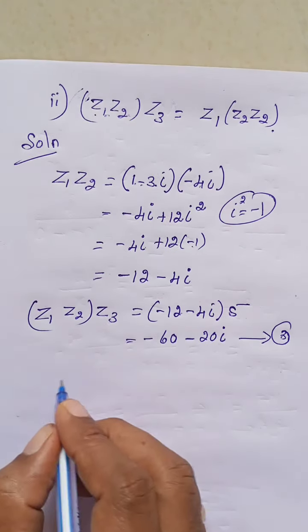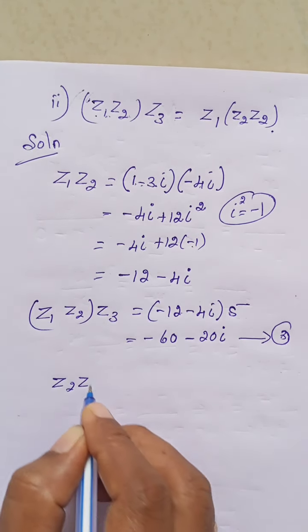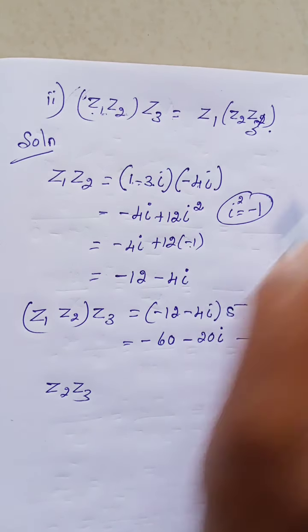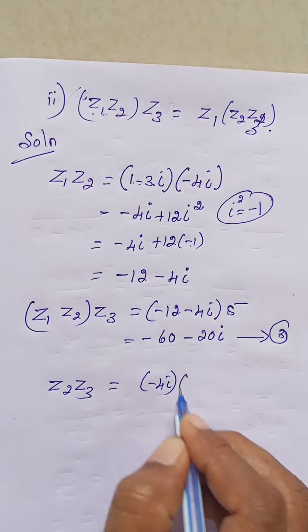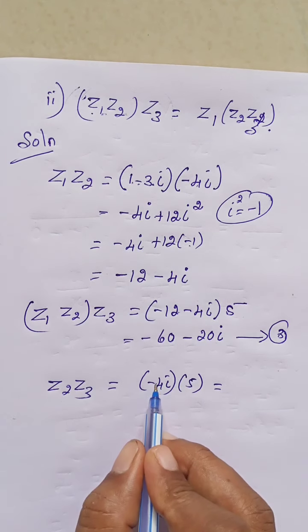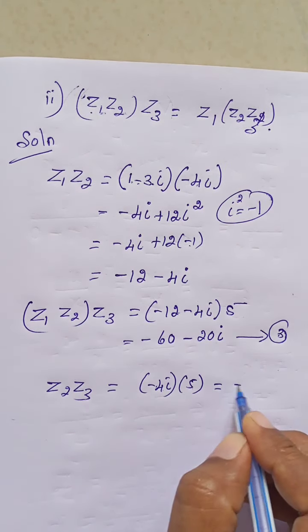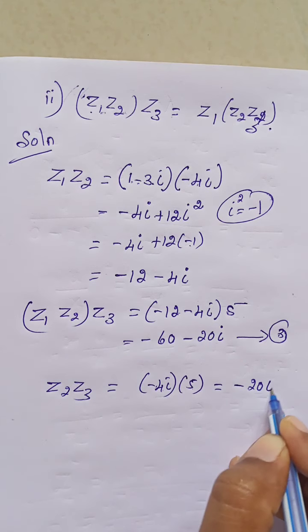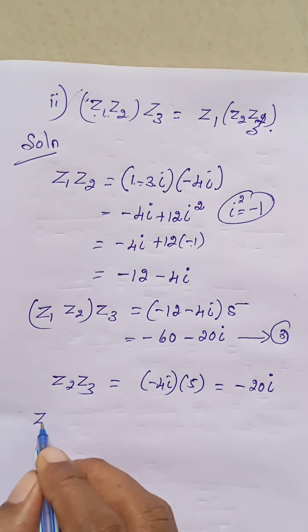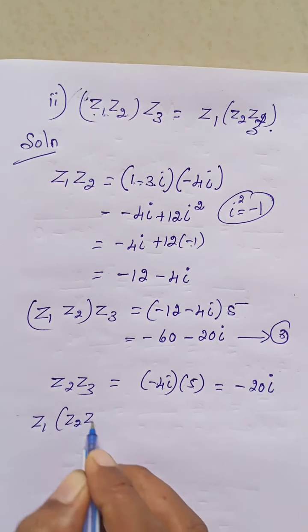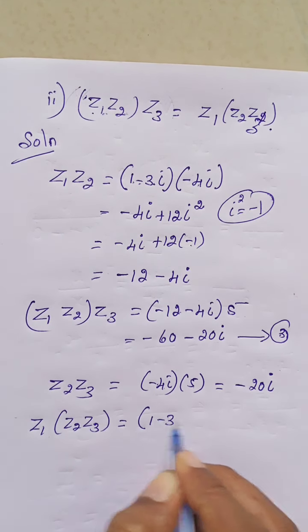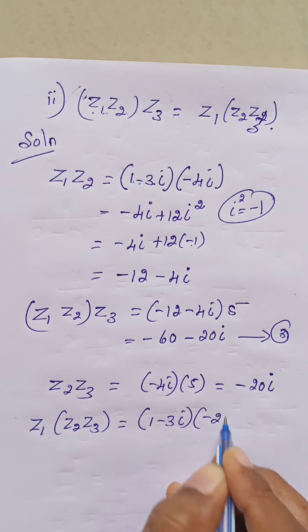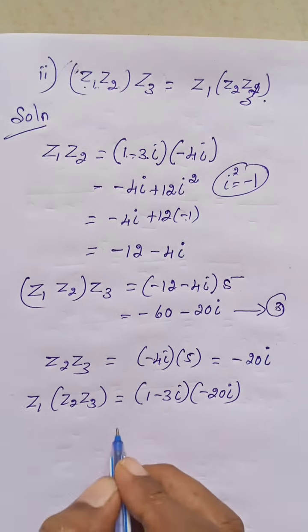Now the right hand side, Z2 into Z3, that is minus 4i into 5, so minus 4 into 5, minus 20i. Now Z1 into (Z2 Z3), that is Z1, 1 minus 3i, into minus 20i.